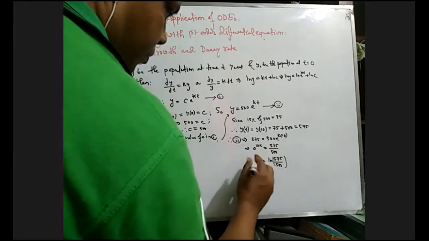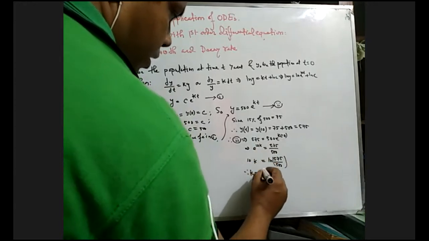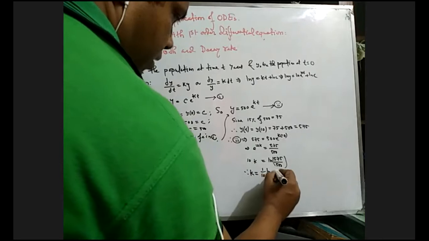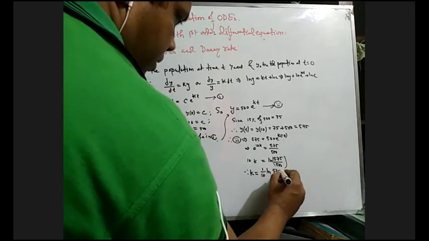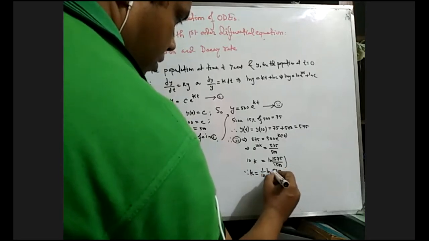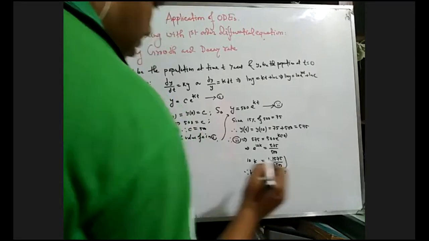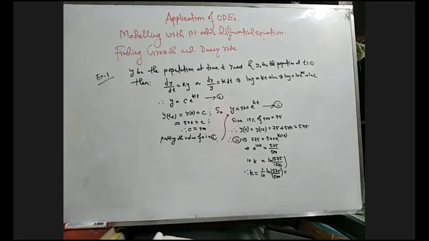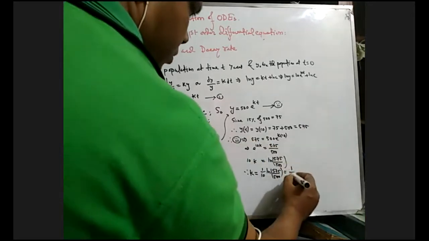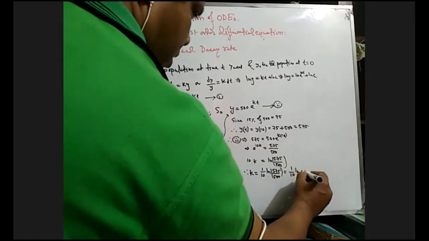So k equals 1 by 10 ln of 575 divided by 500. Approximately, k will be 1 by 10 ln 1.15.